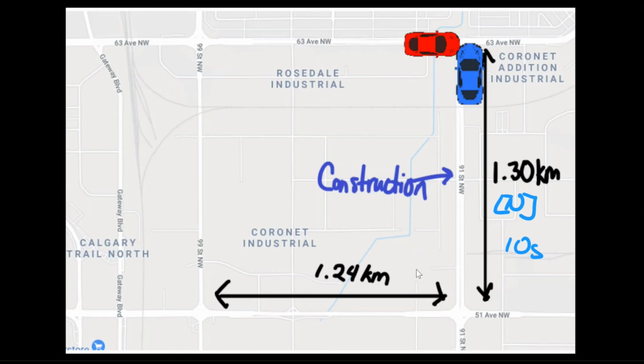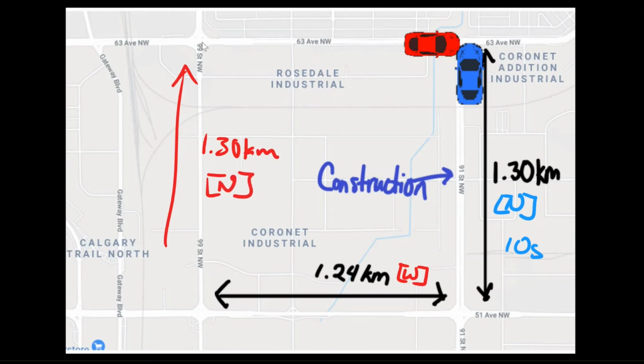And the red car went all the way around, so 1.24 kilometers west, and then it went 1.30 kilometers north, and then it went 1.24 kilometers east. Oh, that's terrible. Oh, boy. So all in a total of 12 seconds. So let's use this information to calculate the average velocity of these cars.